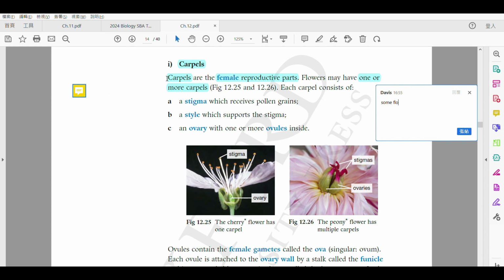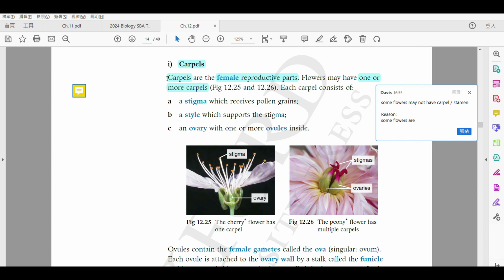One more piece of information: some flowers may not have carpel or stamen. Why do you think so? We'll talk about this later, of course. Because some flowers are just like humans.